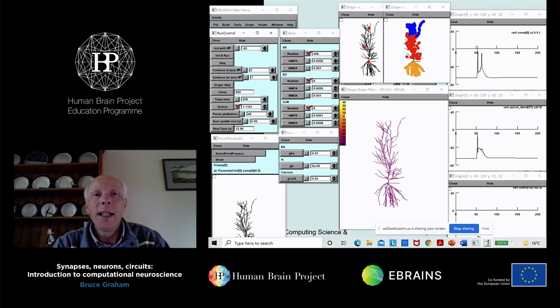The top one is the cell body. The middle one is a dendrite in the middle of the apical tree, and then one further away down the bottom. And you can see we can record the electrical activity in terms of the membrane potential at these different spots, which is something you can just about do experimentally.